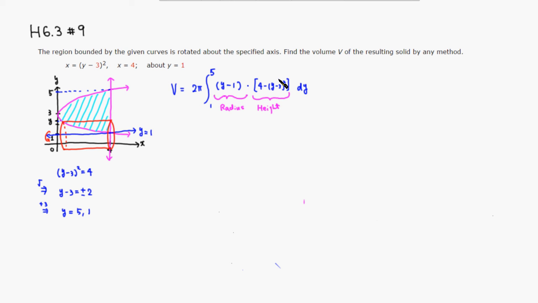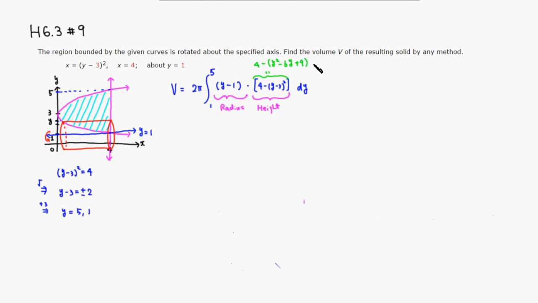So what we need to do is evaluate this integral. First I'm going to go ahead and multiply out and see what we get. If you multiply this out, you have 4 minus (y squared minus 6y plus 9).